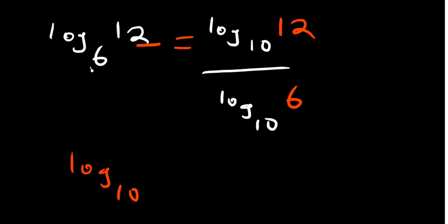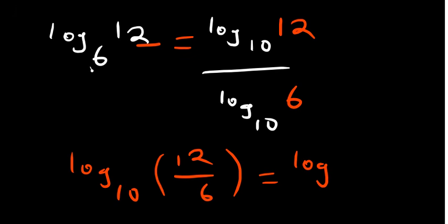So factoring out the base, you basically have 12 over 6 there, which is basically going to be log what? Log 2.